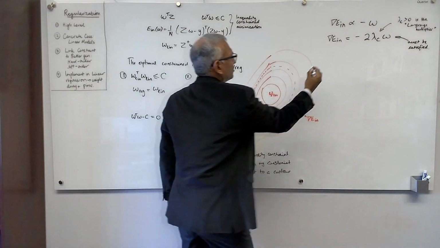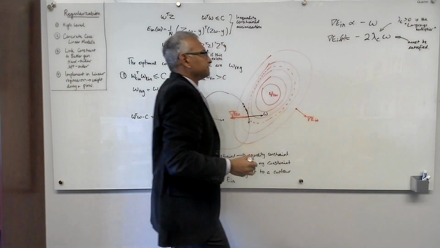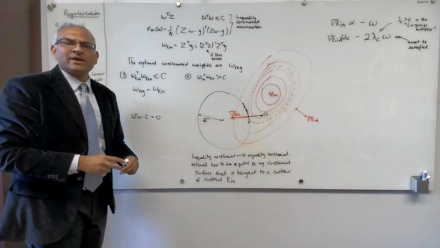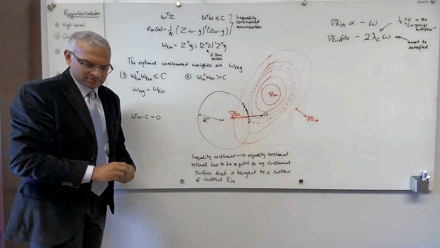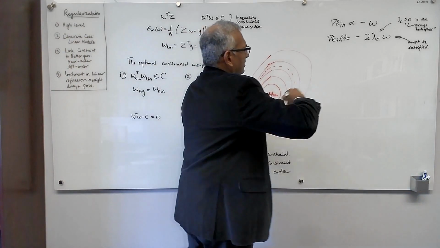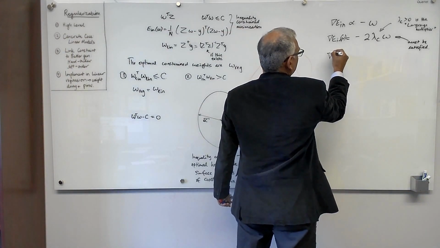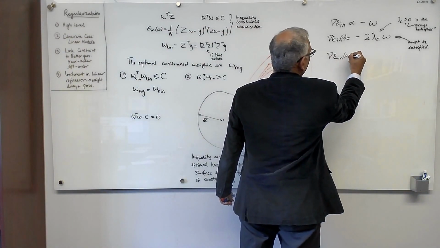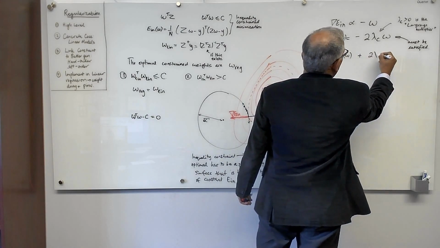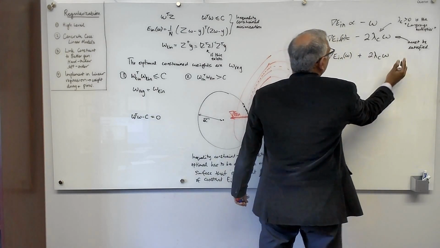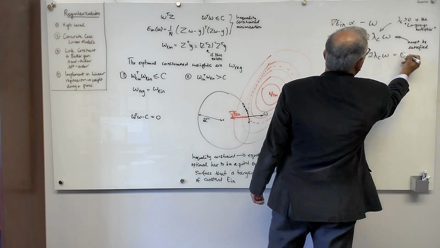Okay, this is the gradient of E in of W. Let's see where that mathematically leads us. Well, let me take this to the other side. So the gradient of the in-sample error of W plus twice lambda sub c W is equal to 0.